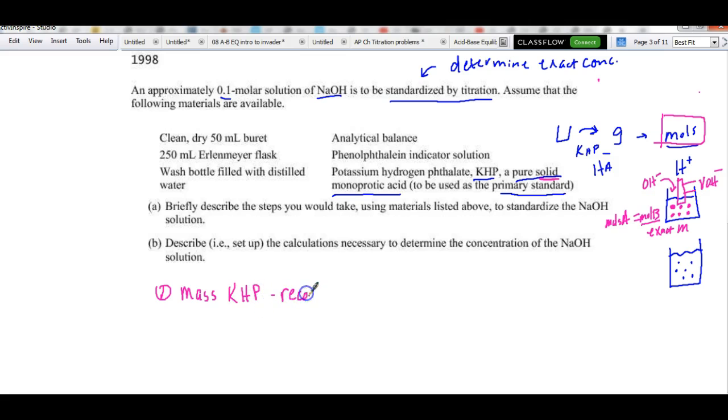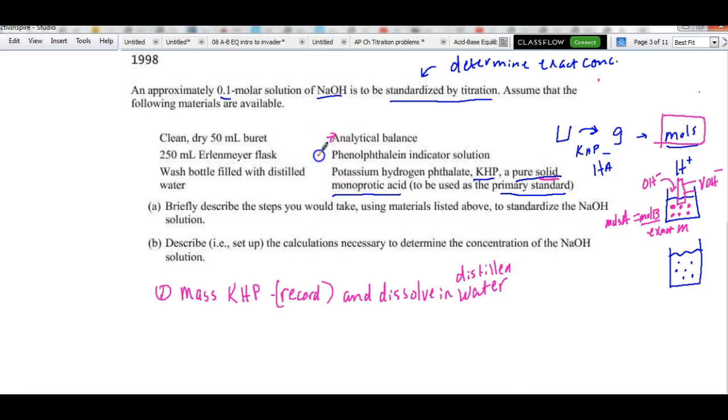You want to get it as precise as you can, so we're going to use this analytical balance to record the mass, and we're going to dissolve it in, we should say, distilled water.